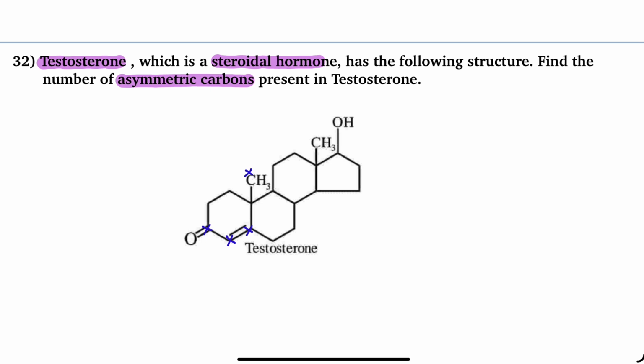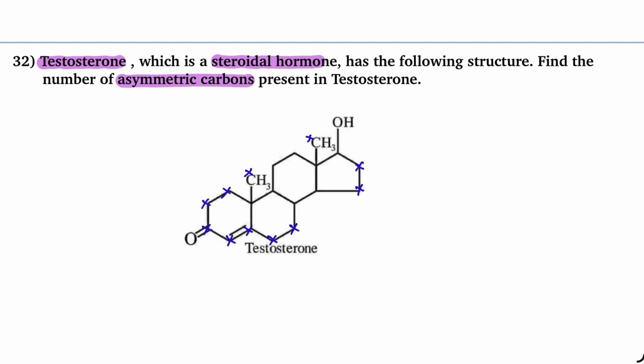Even methyl group let us ignore, because hydrogens are repeated. So this is CH2, we are ignoring. This is CH2, we are ignoring. This is CH2, this is CH2. Of course this is CH2, this is also CH2, we are ignoring.